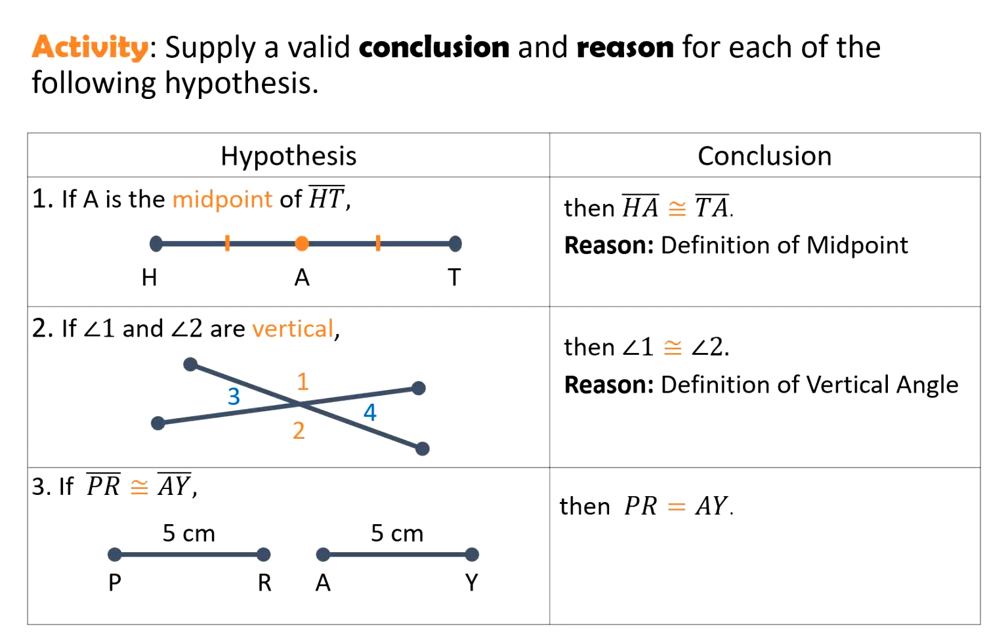Yan yung ating conclusion. Ngayon, ano yung reason mo? Ano yung proof mo para maging true kung bakit yan ang ginamit mong conclusion? Ang reason mo is definition of congruent segment. Diba? Kapag congruent segment, dapat the same ang measurement, which is 5 cm.